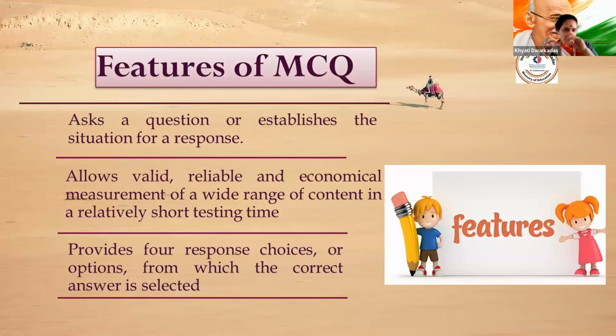Features of MCQ. We ask MCQs or multiple choice items, as we call them. They ask a question or establish the situation for a response. They allow valid, reliable, and economic measurement of a wide range of content in a relatively short testing time. It provides 4 response choices or options from which the correct answer is selected.